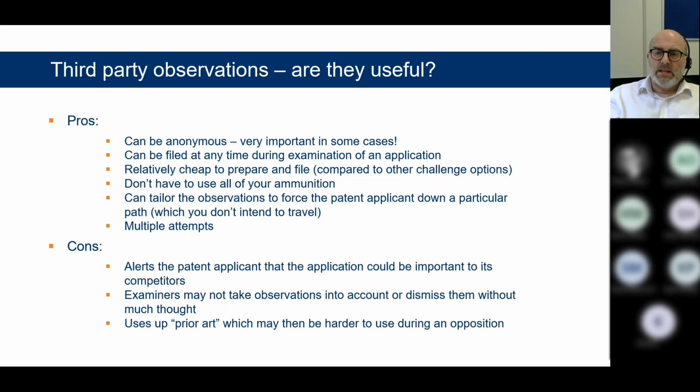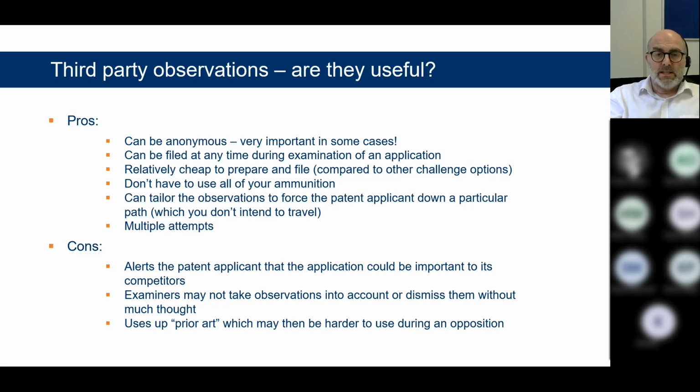In the past, some examiners have seemingly just ignored observations that are filed, and in the past, it made it harder to use the same prior art if you then did file an opposition or a revocation action afterwards, because you'd already used that prior art, you'd already used those arguments during third-party observations. The examiner ignored them.